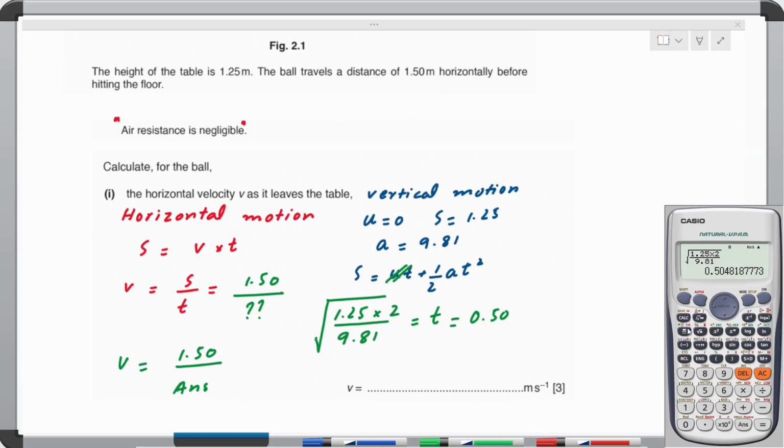So I'm going to press the fraction. 1.50 divided by whatever the answer was, and we get 2.97. Now you can round it off to two significant figures, and in two significant figures you'll be getting 3.0 meters per second. So this is the answer for this one.